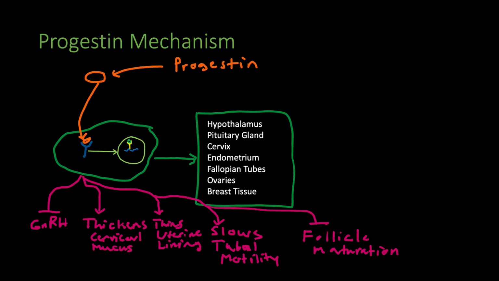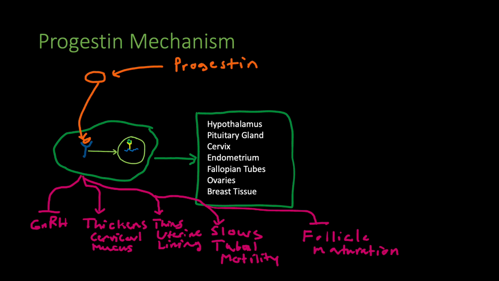It's immature actually, so you can see it's going to inhibit that GnRH and do all of these things to prevent, especially for the egg from being released, essentially. All these different little components here to prevent it.